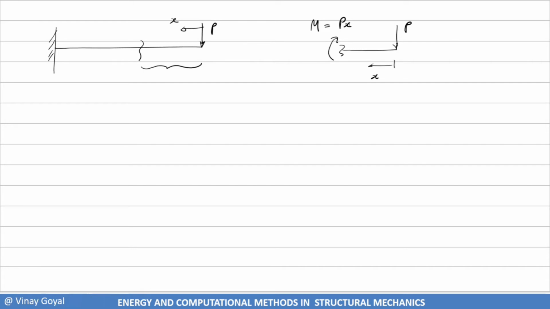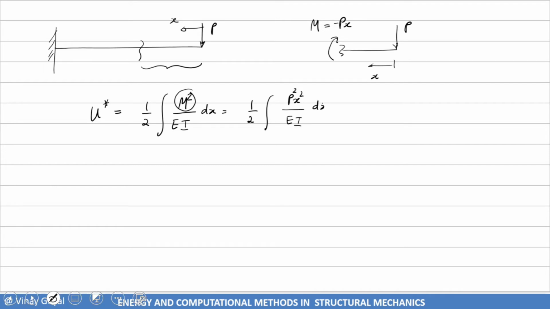And I don't even care about the sign because guess what? U star is 1/2 integral of M squared over EI, but M is squared, so I don't even care if the sign is right or wrong. I just put minus or plus, I don't care. And I get 1/2, and I have P squared, (Px) squared, all of that, over EI dx.